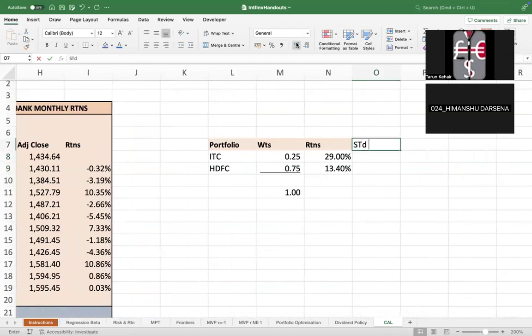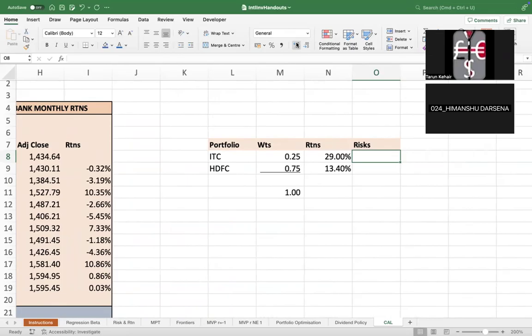What about the standard deviation or the risks? Now, please remember, when you have to annualize the risk, it's not as similar as return. When you have to annualize the return, you can simply multiply the mean monthly return by 12. That's what we did for ITC and HDFC. But to annualize the risk, we can't multiply by 12.